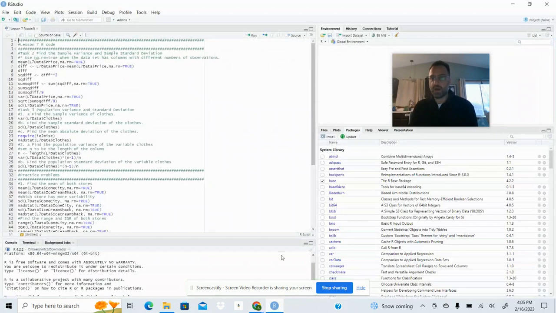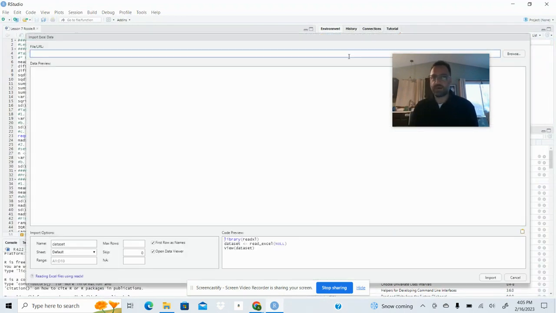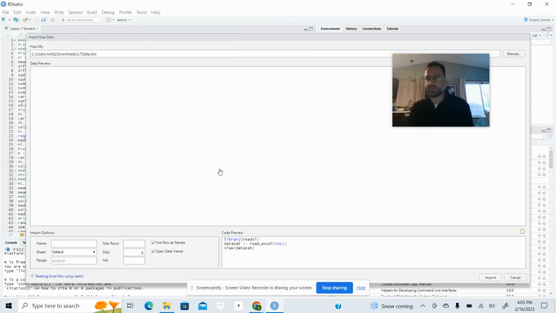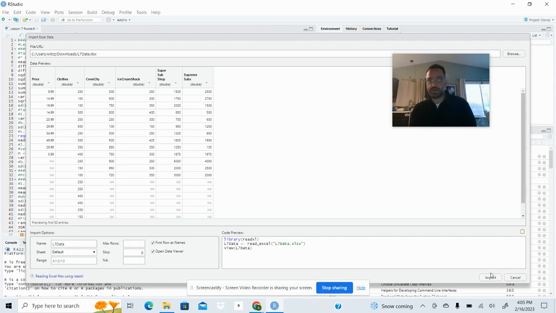And then in R, I need to import that data set from Excel. And then I browse, and it'll be in my download folder. If you have a Chromebook, you'll need to do it that way. If not, you can put everything in a folder that you know if you're on a PC or Mac.